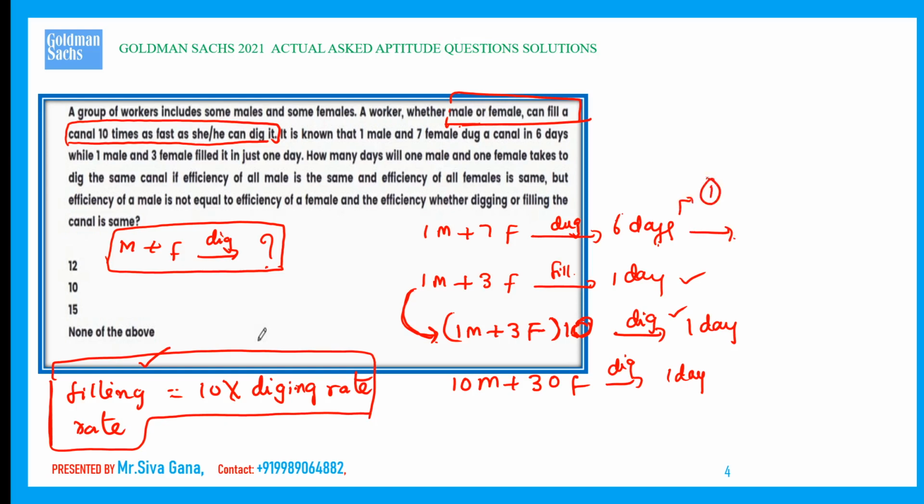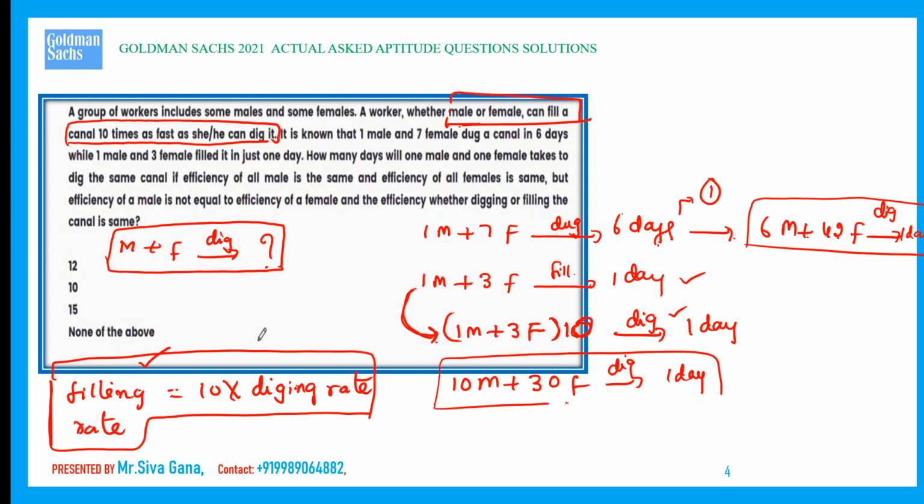From equation 1 we can write, 6 male plus 7 sixes are 42, so 42 female can dig a canal in one day. Now equating these two: 10 male plus 30 female equals 6 male plus 42 female.